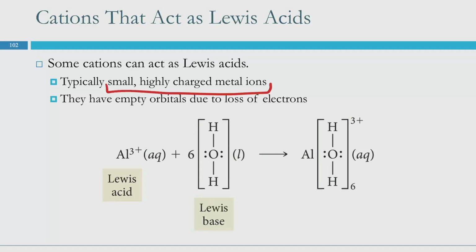The reason is that they form adducts with water. So Al3+ or Fe3+ or maybe Sc3+, scandium 3+, those small and highly charged metal ions can form adducts with a bunch of water molecules.